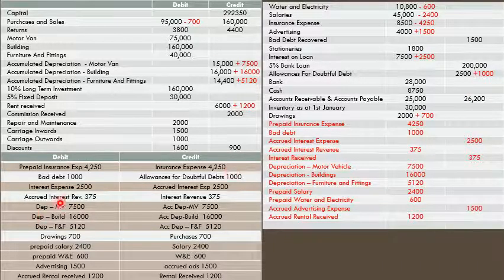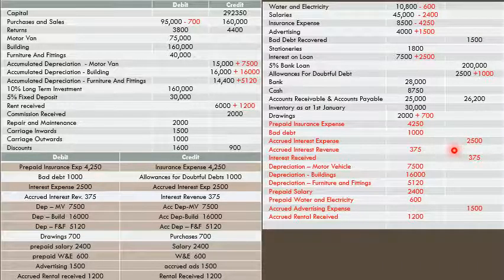Okay, seterusnya adalah interest expense, debit interest expense, credit accrued. So cari interest expense ada tak dalam kita punya original trial balance? Ada ya, interest on loan ni, nampak tak? Okay, so debitkan dia 2500, debit dengan debit tambahlah. Kemudian awak pergi buka akaun baru iaitu accrued interest expense, letak sebelah kredit 2500.